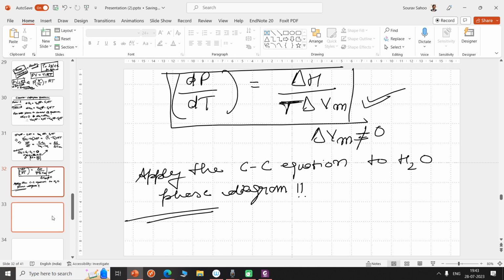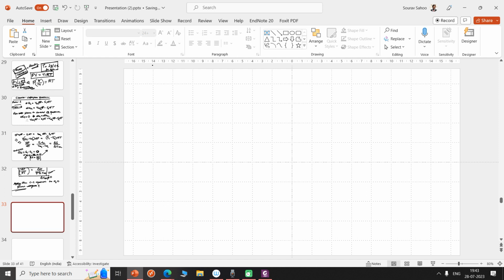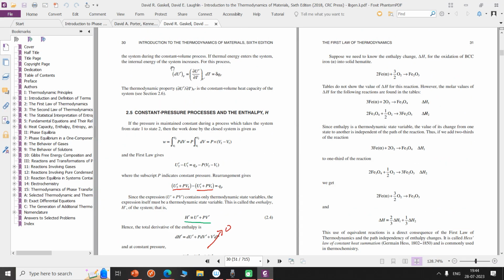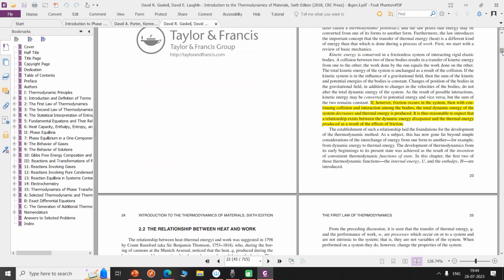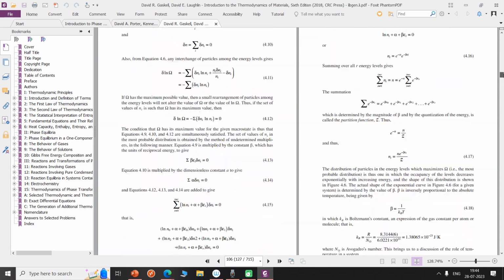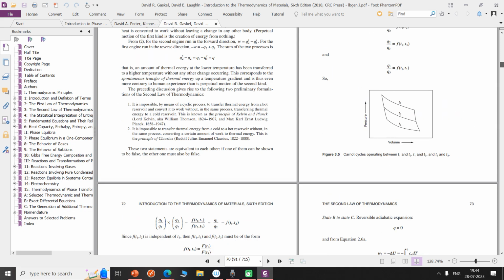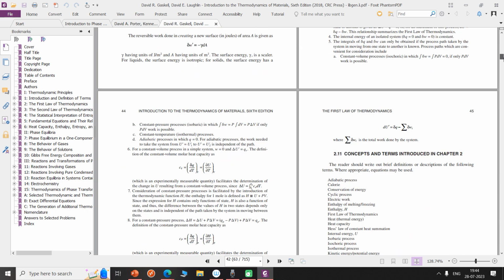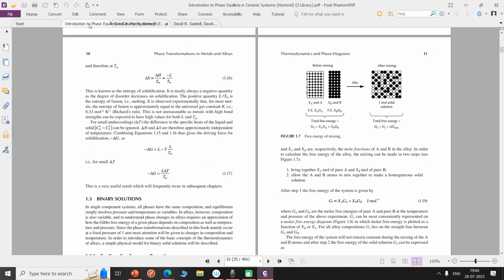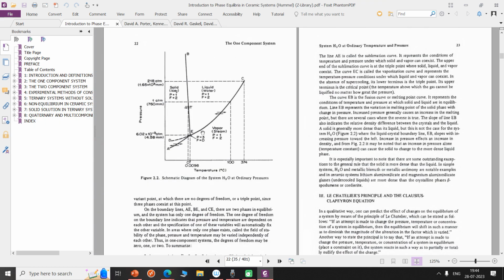Right, so how does a water phase diagram look like? If you open pretty much any textbook on phase transition, I think you can easily see the diagram of water, so I'll look it up. Yeah, this is how it looks like.